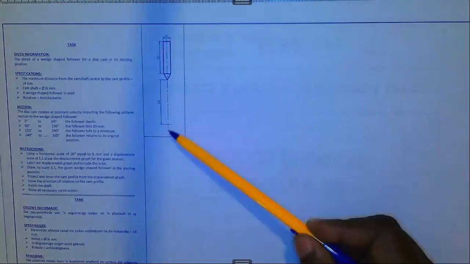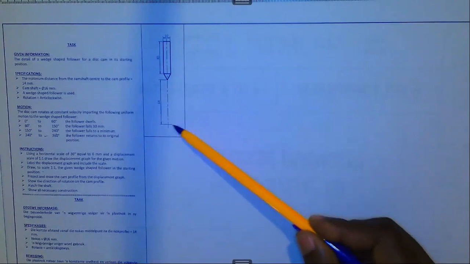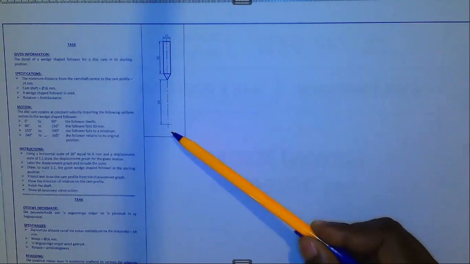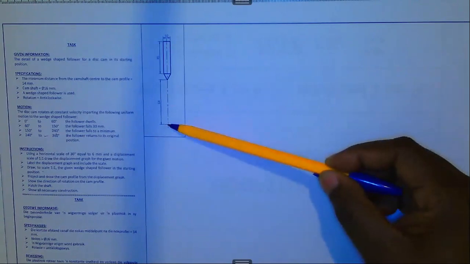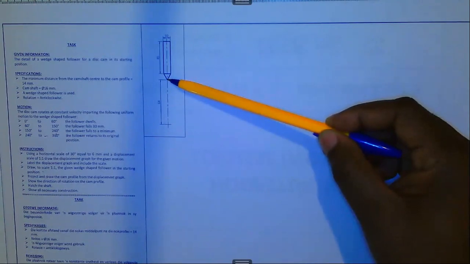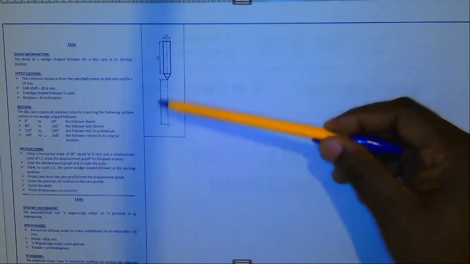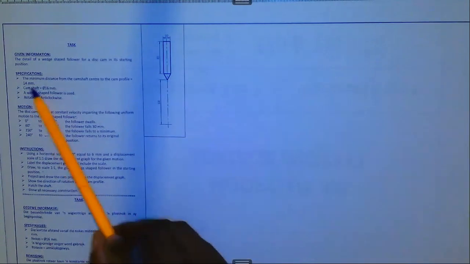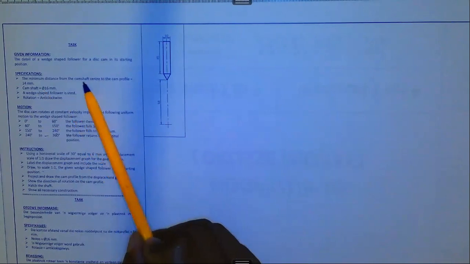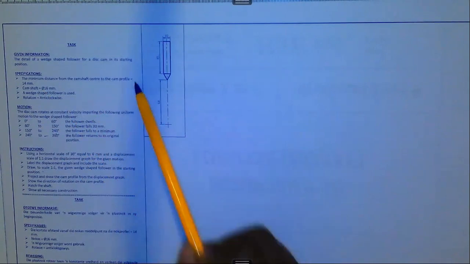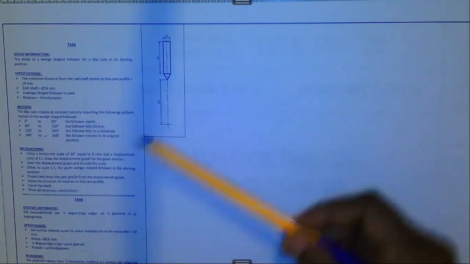If you look at that cross here, it indicates the position or the center of the shaft. Now, the distance from here to there, which is 64, would give us the maximum diameter. Remember, we are given that the minimum distance from the camshaft center to the cam profile is 14. So we need to find that.